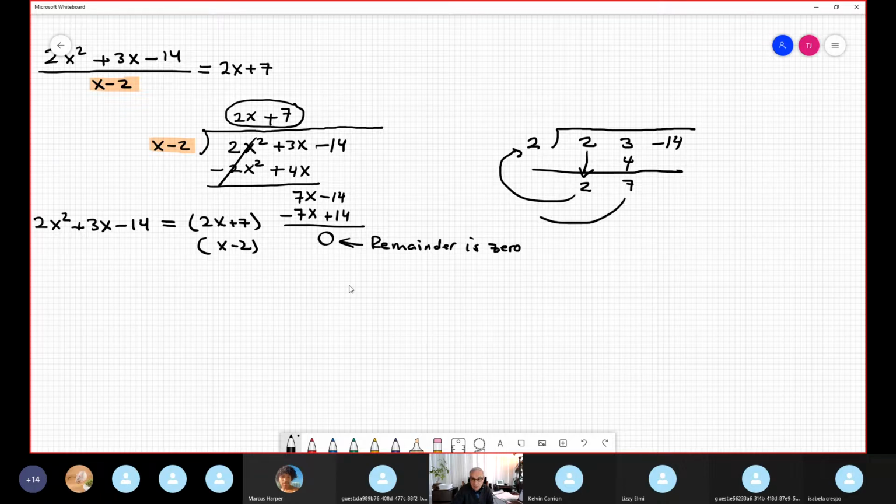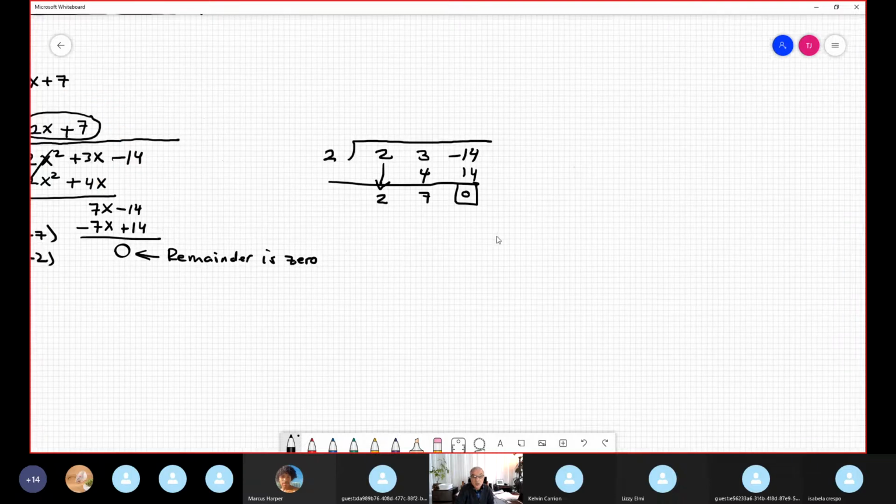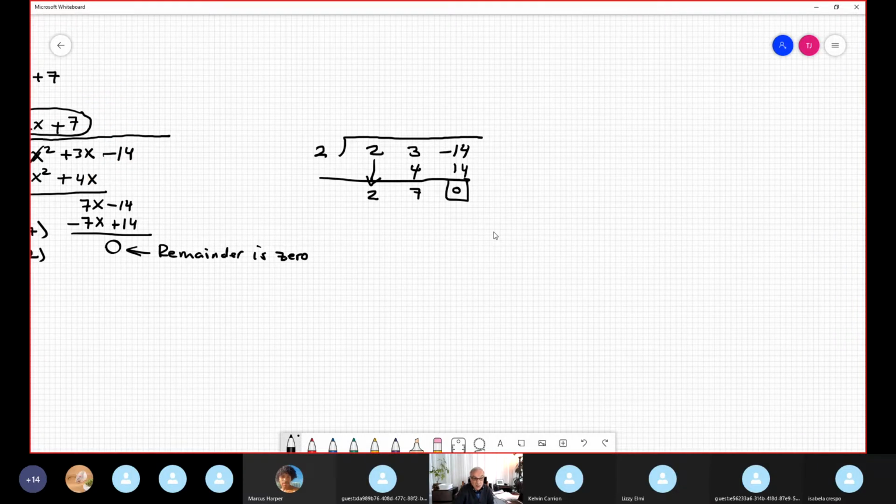This is 7, and now multiplication again, and negative 14, and the remainder is 0. Wow, fantastic. Synthetic division, I like it so much. Therefore, I discover that the remainder is 0.